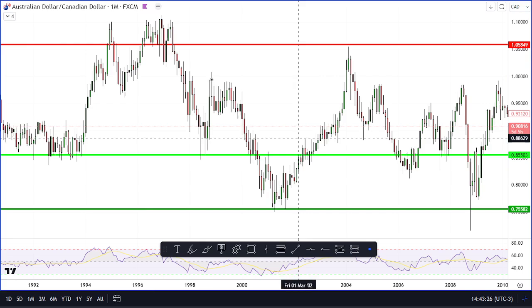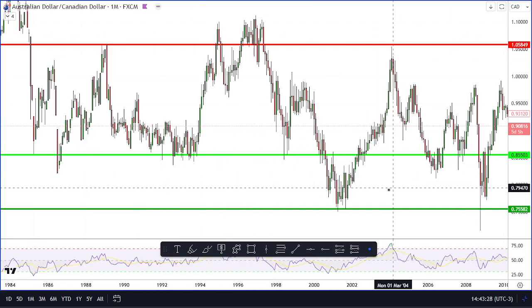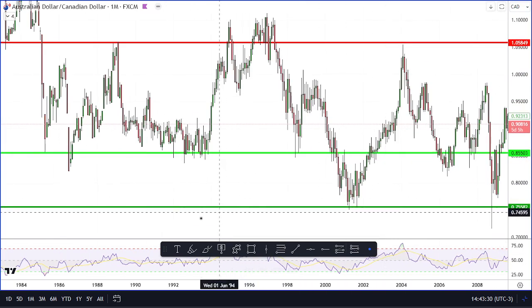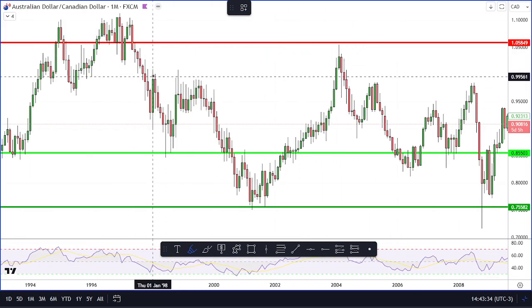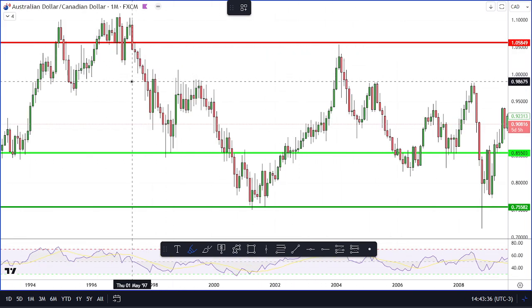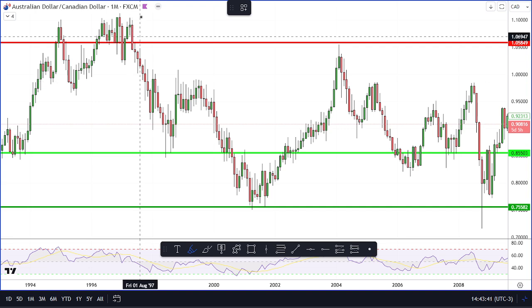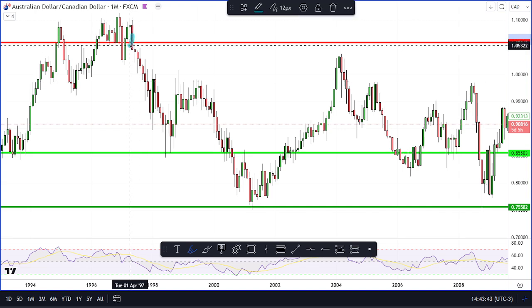It went all the way to that same previous resistance from 1997, this level here that the market broke to the downside, 1997.